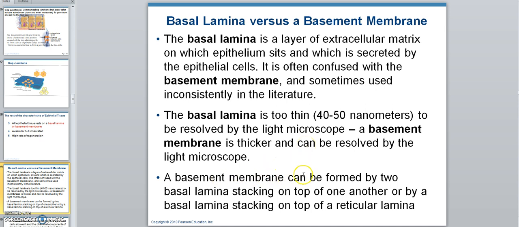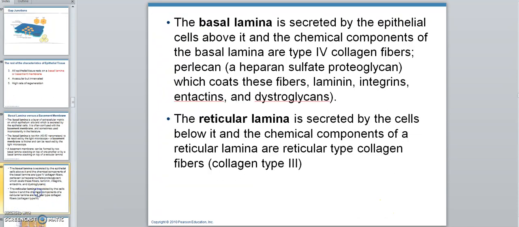So a basement membrane can be formed by two basal lamina stacking on top of one another, or by a basal lamina stacking on top of a reticular lamina. This is the strongest, a basal lamina on top of a reticular, which we'll see in the skin. Okay. The basal lamina is secreted by the epithelial cells above.